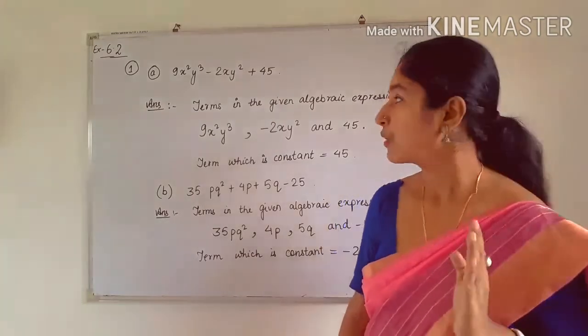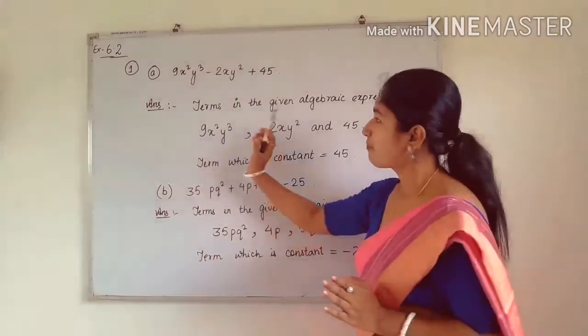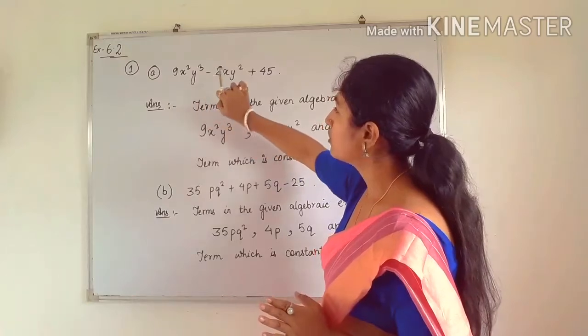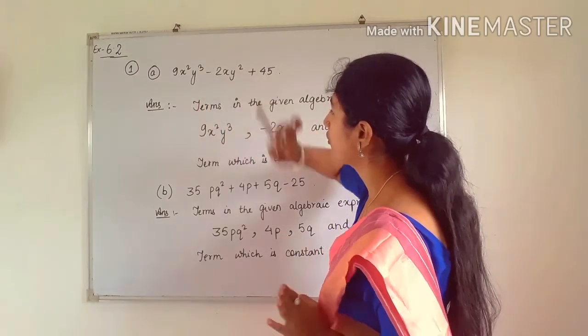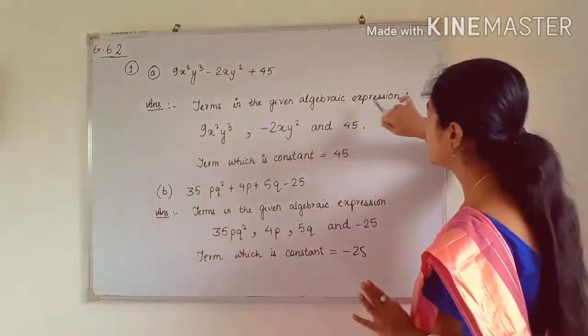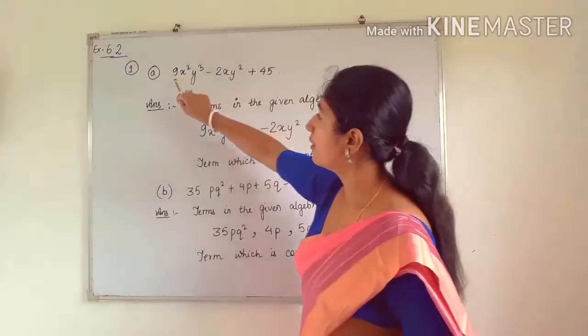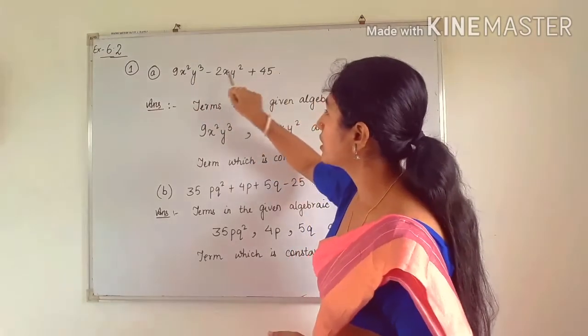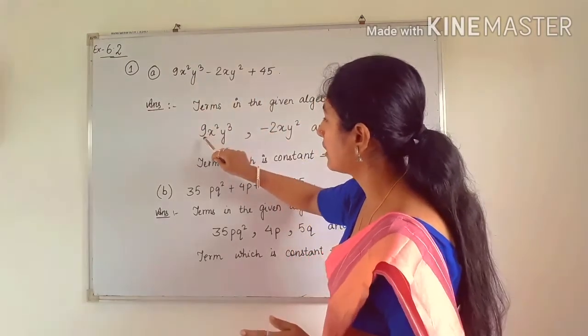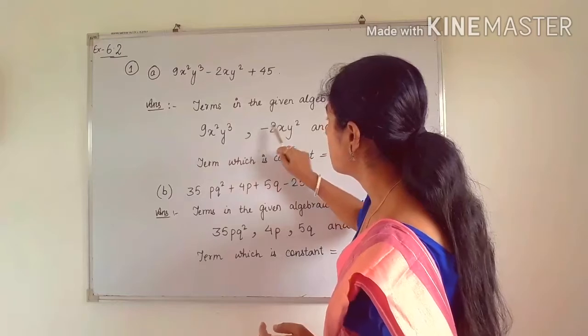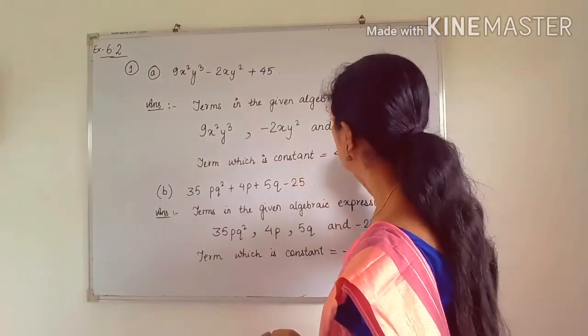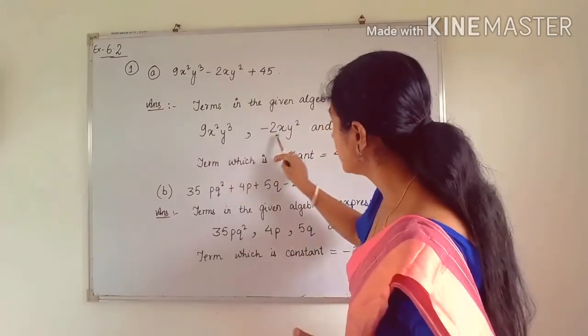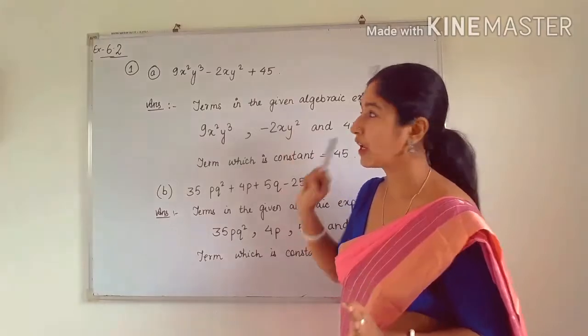Constant term. So see, number A, 9x square y cube minus 2x y square plus 45. So terms in the given algebraic expression. You can see here, there are total 3 terms present. So we can write 9x square y cube, comma, minus 2x y square and 45. These are the 3 terms present in this algebraic expression.